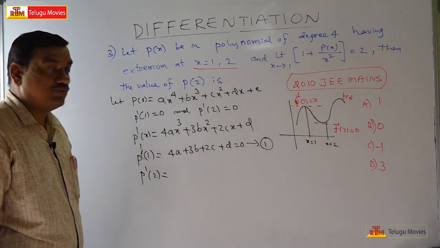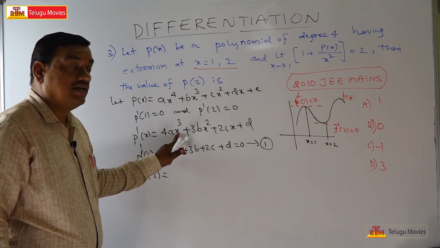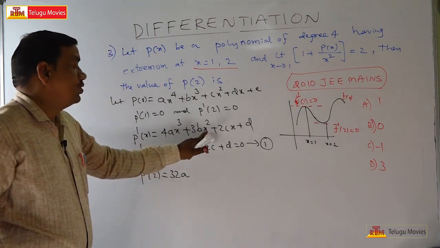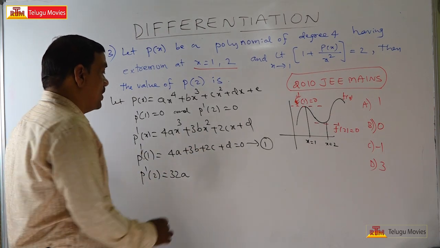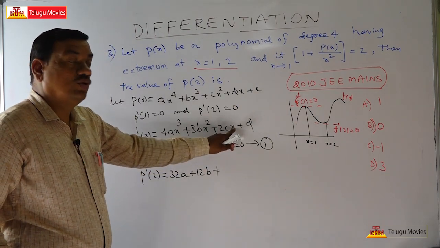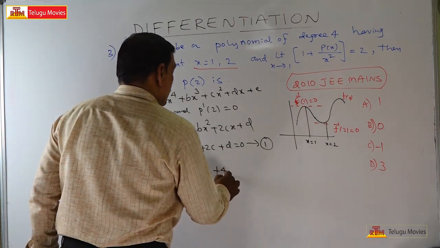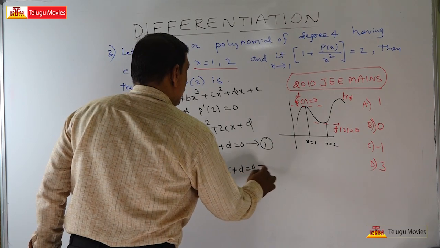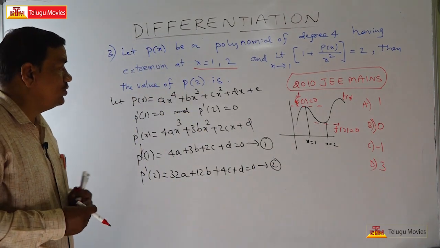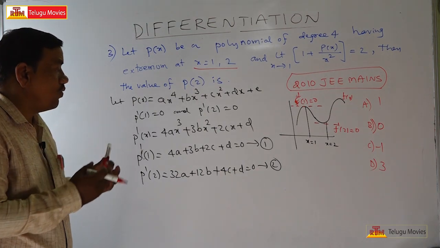Wherever x is there, substitute 2. 2 cube is 8, 8 4s are 32, so 32a. 2 square is 4, 4 3s are 12, so 12b. Here 2 2s are 4, so 4c, plus d is equal to 0. Call it the second equation. So in a, b, c, d, we got two equations. Let us call them 1 and 2.